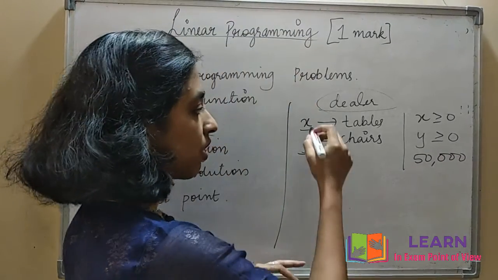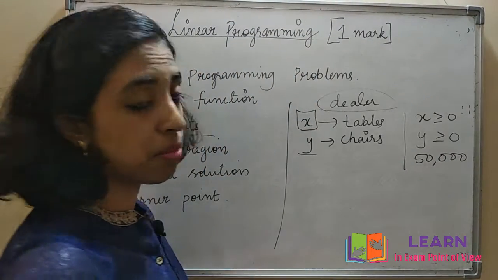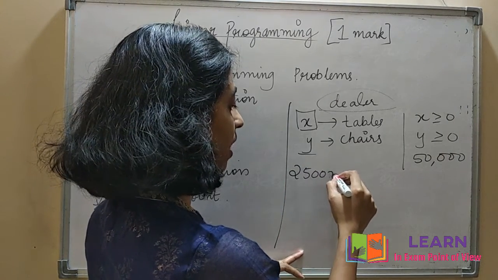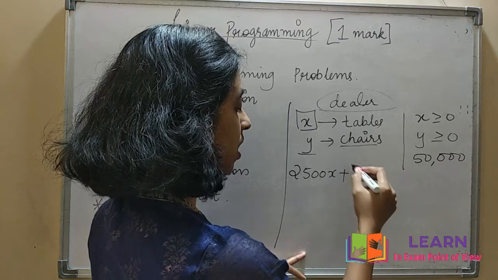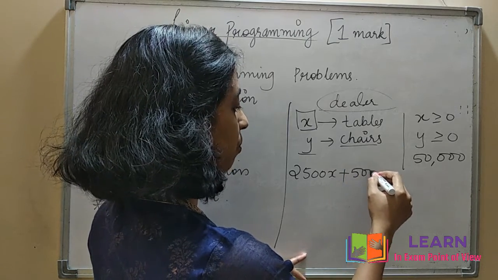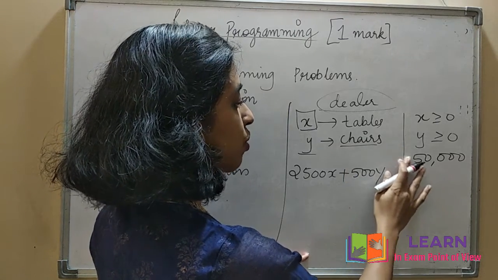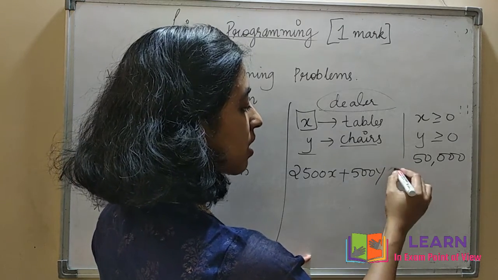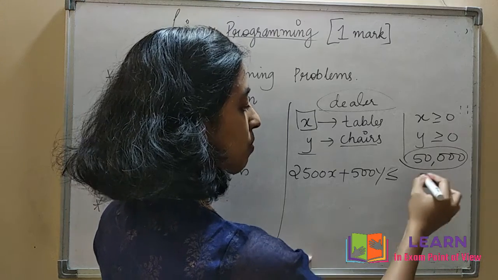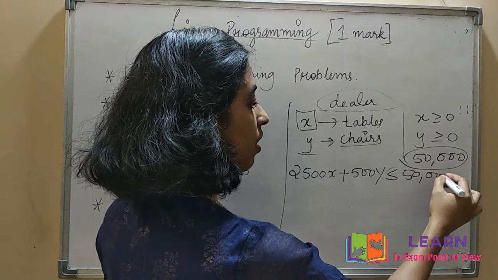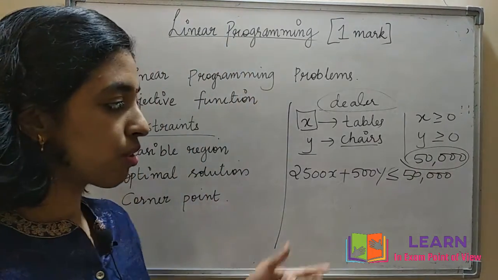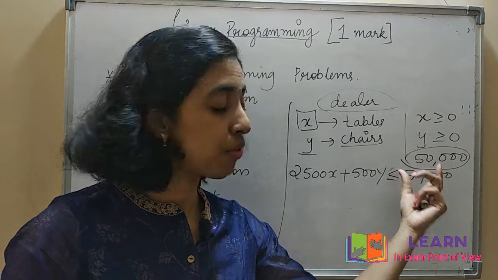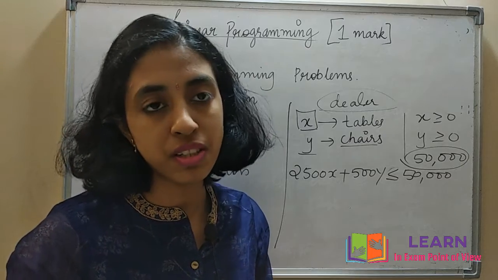The cost of a table, let it be 2500x, and for a chair he is taking 500y. It should be less than or equal to his investment, that is 50,000. So this is another constraint, which you can call an investment constraint.